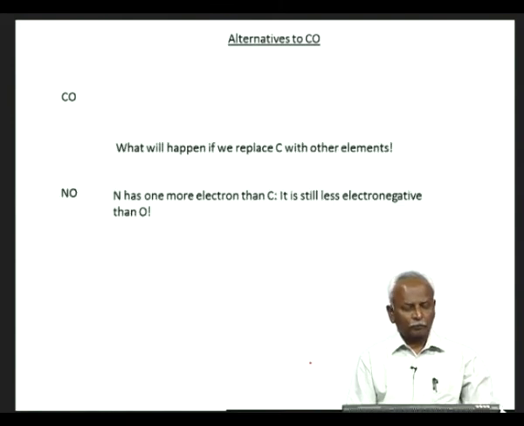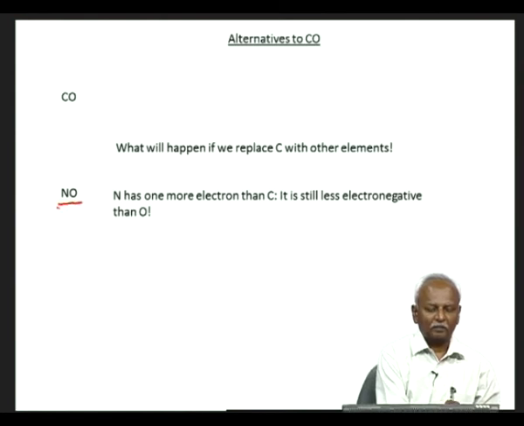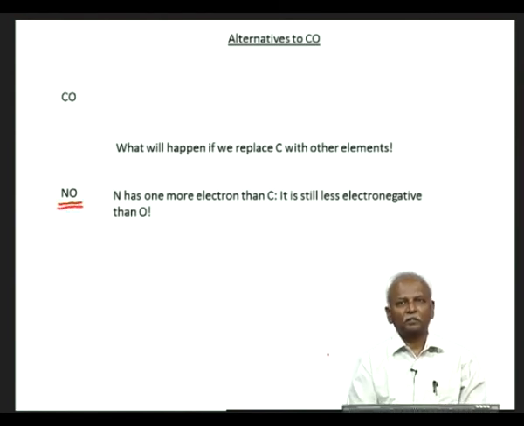Now, if we continue to do this, we will realize that there is a limitation to this exercise, and it might be useful to look at replacing carbon itself with another atom. And hence, in this lecture, we move on to nitrogen, and we end up with nitric oxide. Nitric oxide is a very interesting molecule. It is in fact biologically relevant, and it has been studied extensively in the recent past.